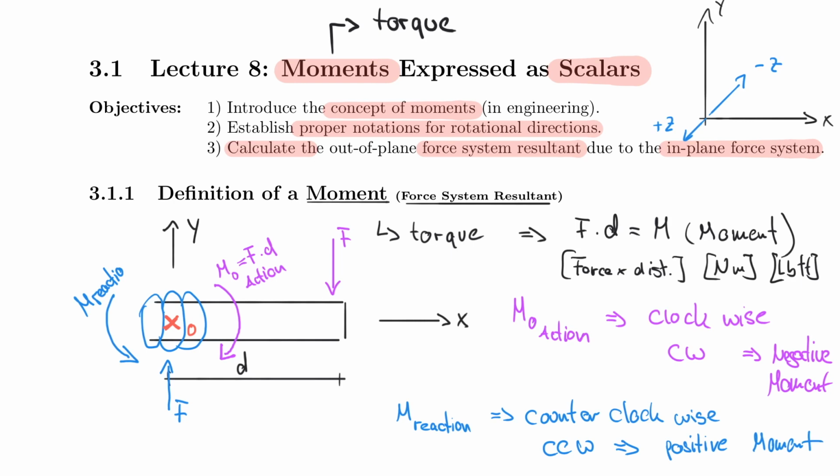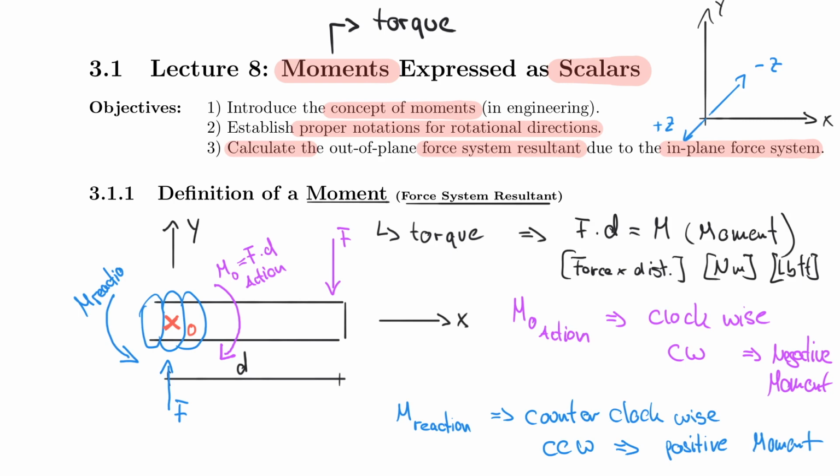So now you understand why we can actually ignore the third direction, although it will always rotate about a certain point, and we can substitute clockwise for a negative moment, meaning pointing into the plane, or we can use counterclockwise to move out of the plane, which would be along the positive z-axis.